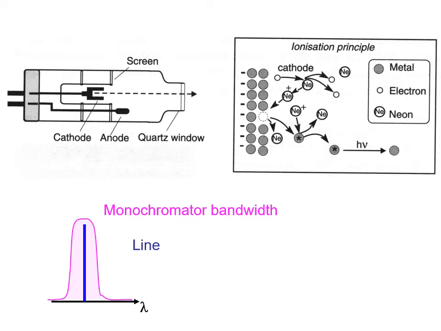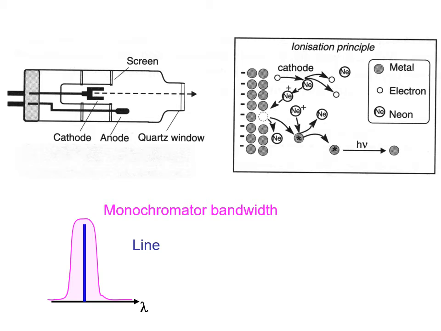Now, next step, how can we produce absorption? The easiest way would be to have a very strong lamp and make a very narrow band of light. This would be crazy expensive. First, a monochromator that will give us a very narrow band of light will be very expensive.